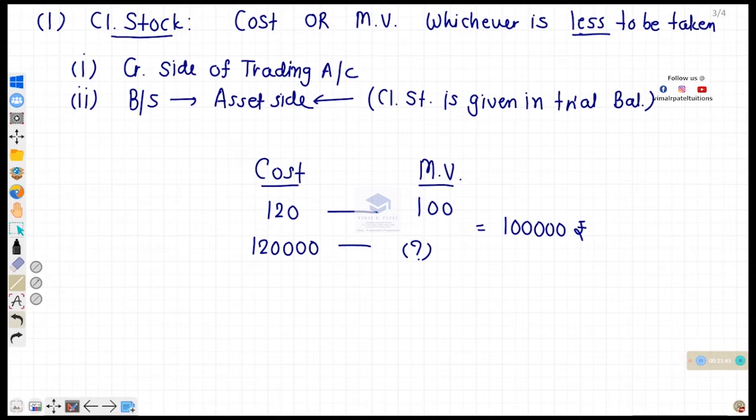Right? So if it is said that the market value of the stock is 1 lakh, which is 80% of the cost price, then what do we do? Market value is 1 lakh, which is 80% of the cost price. Let's suppose cost price is 100, then market price will be 80. So if market value is 1 lakh, then what will be the cost price? 1,25,000.